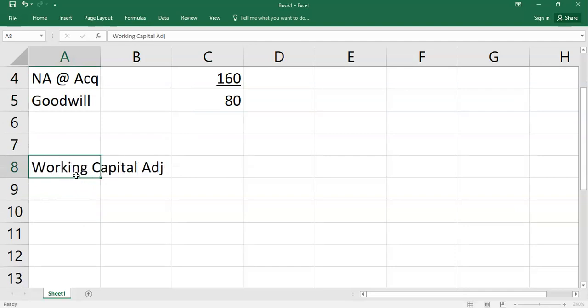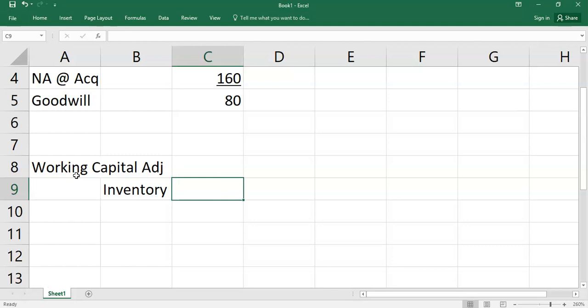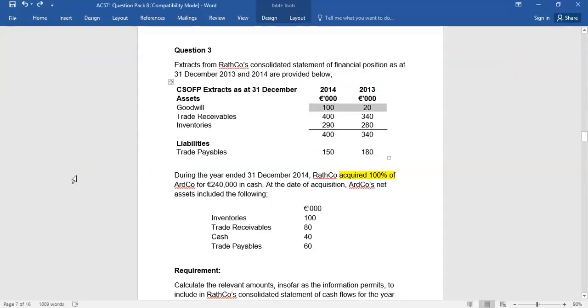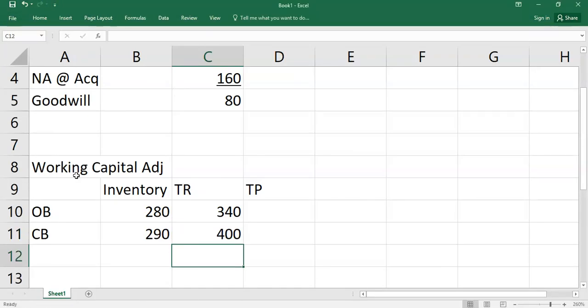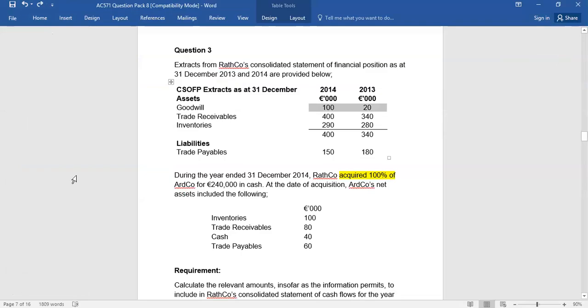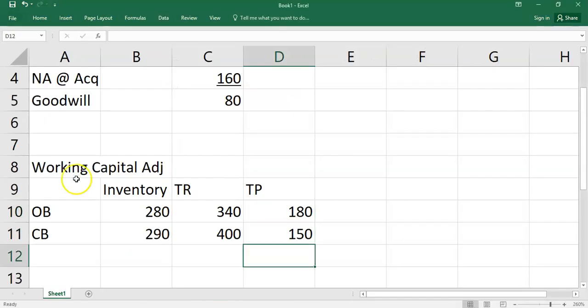Working capital adjustments, and we're going to do inventory, trade receivables, trade payables, and we'll do opening balance, closing balance. So inventory, 280 to 290, trade receivables, 340 to 400, and trade payables, 180 down to 150.